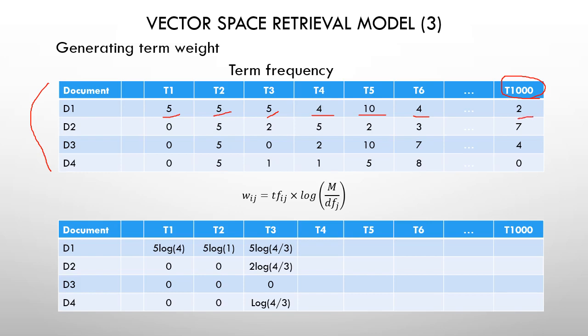For document 2, it doesn't have term 1, so the weight is 0. So the term frequency is 0. So this is the table for the term frequency.